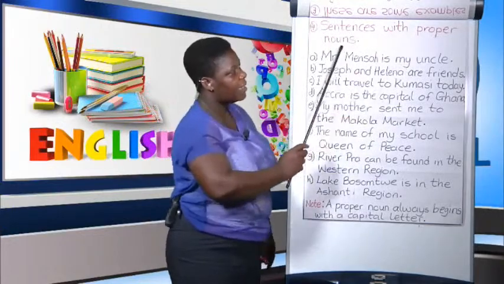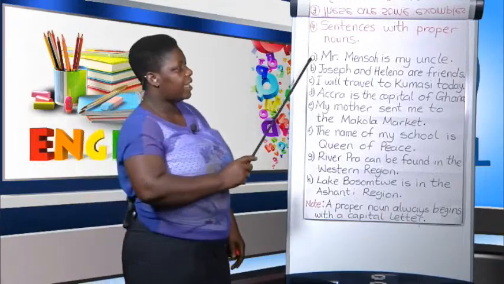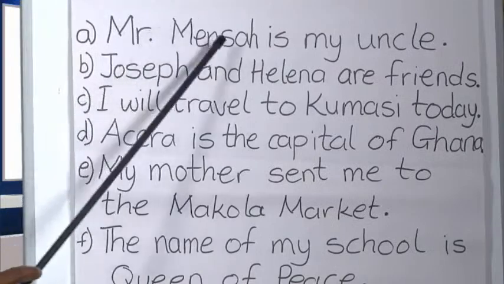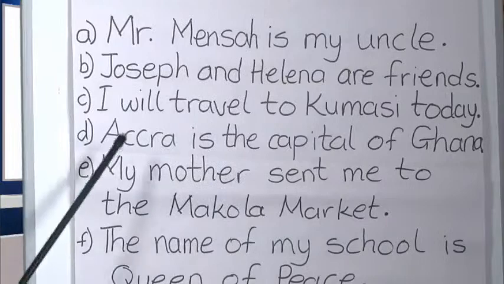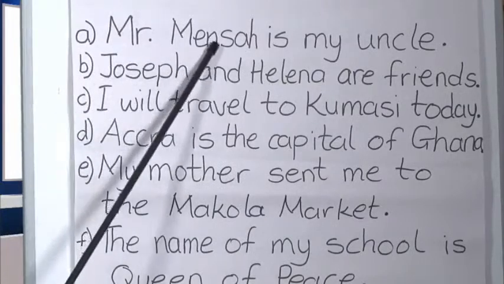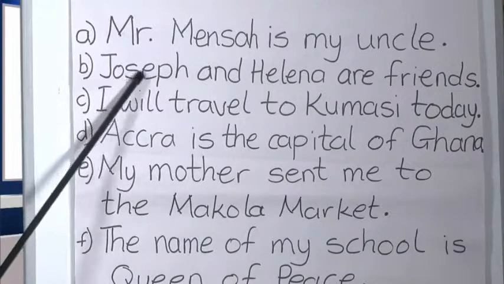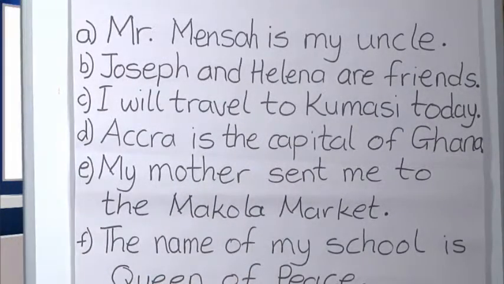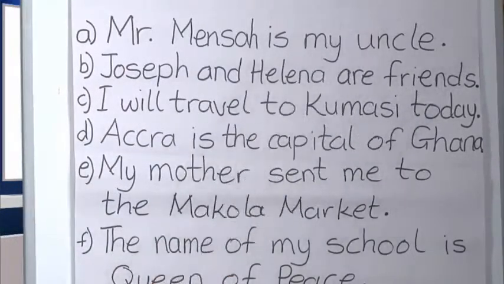Sentences with proper nouns. Sentence A, I read. Mr. Mensah is my uncle. Joseph and Helena are friends.